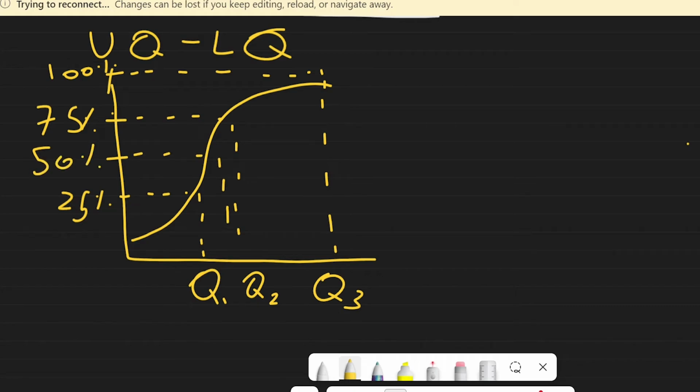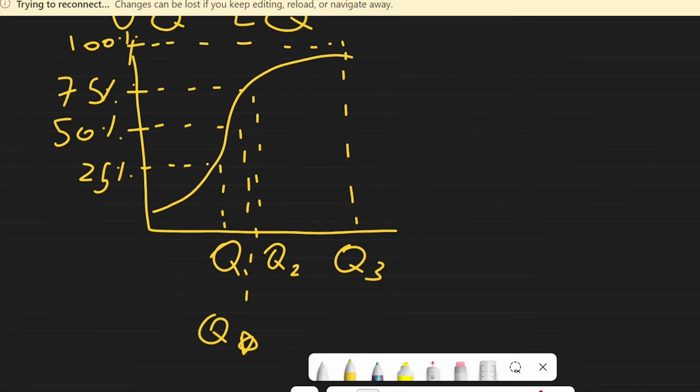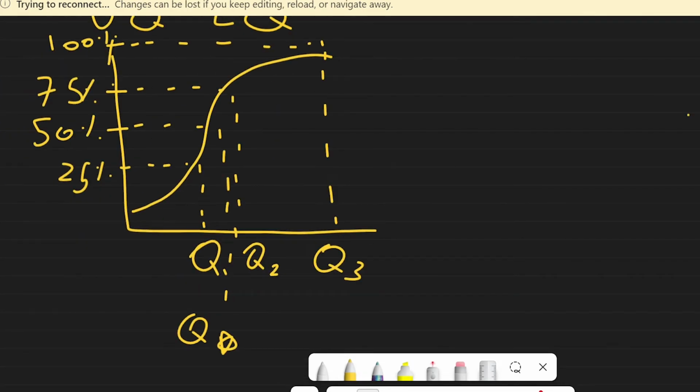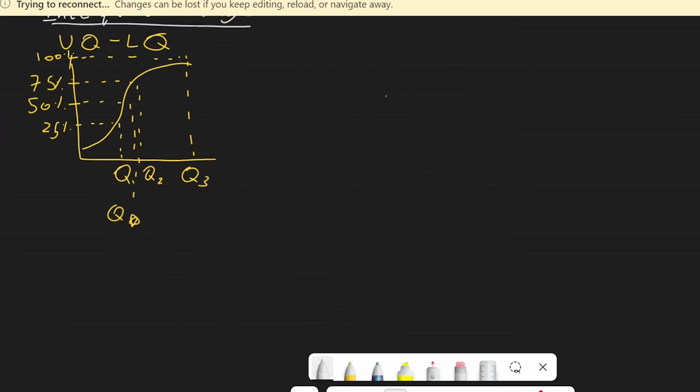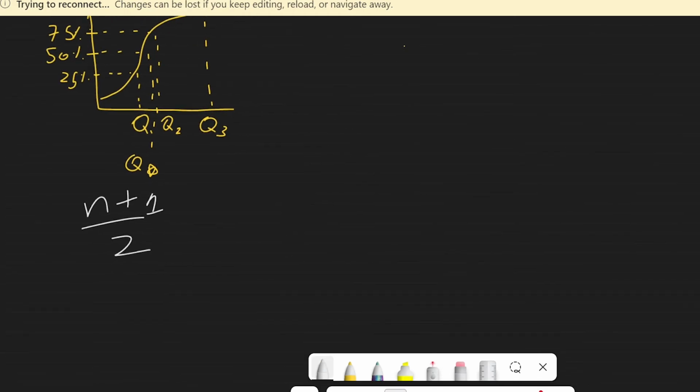which is the median. Let me just extend it over here, and let's name it Q star. We discussed earlier in our topics that the formula for the median is n plus 1 over 2. But the lower quartile is 1/4 of the data, so we will do 1 over 4 of the cumulative frequency.